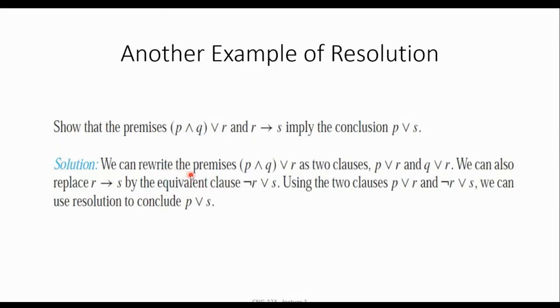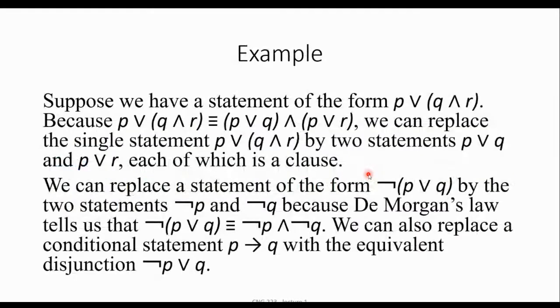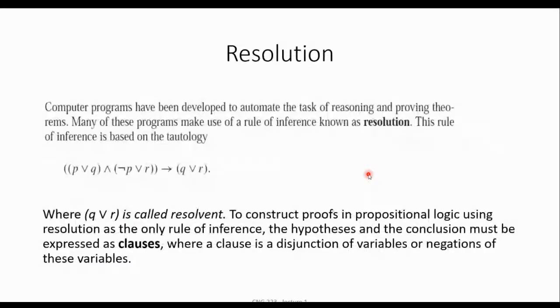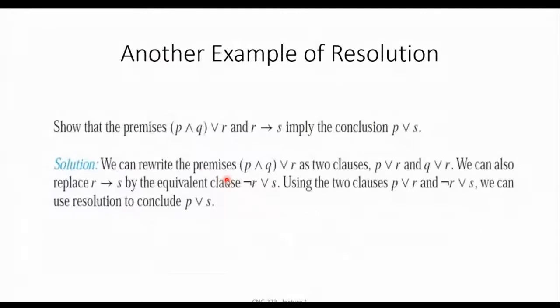So we can rewrite the premises, these two, as actually this compound proposition as two clauses, as we mentioned before. Like we had clauses now. So in that case, instead of just having one single compound proposition, I can show them by these two disjunctions. So it's like applying this disjunction one by one to these two propositions.